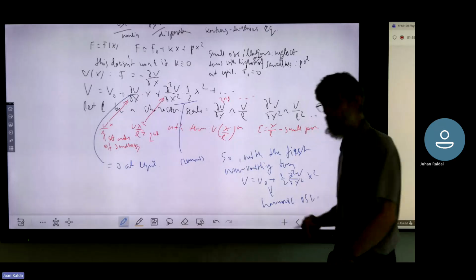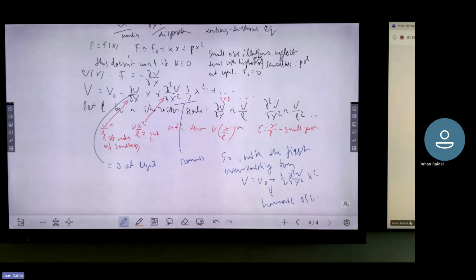And that's why harmonic oscillation is very universal. Whatever system you have, as long as you don't have the very unlikely case that the quadratic term is exactly 0, then you will be having harmonic oscillation.